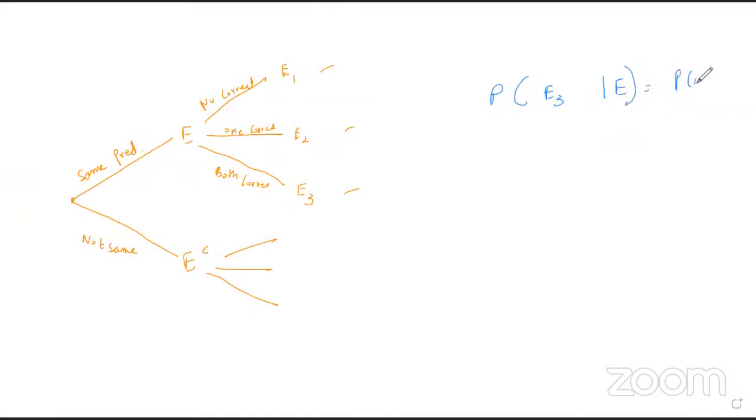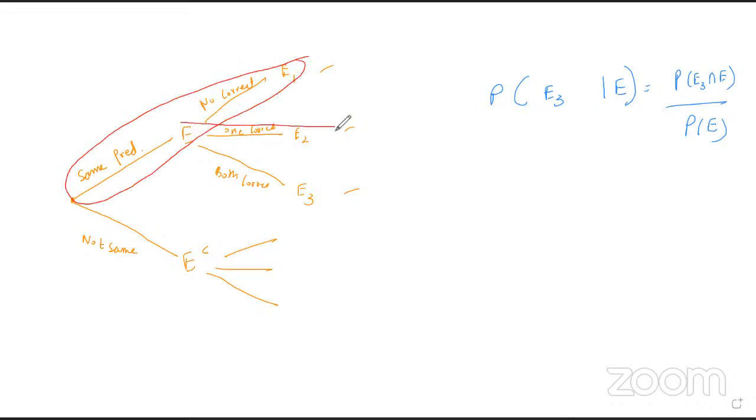So it is nothing but probability of E3 intersection E over probability of E. So to compute probability of E, you need to take into consideration all those branches which include E, right? This branch, and this branch, right? So you can visualize it from here, but you still don't know the probability of them predicting the same score, right?